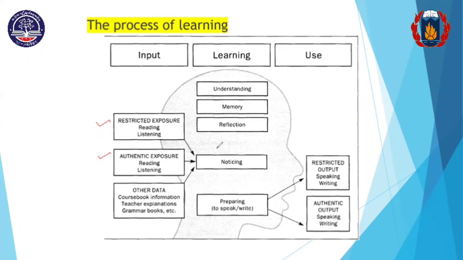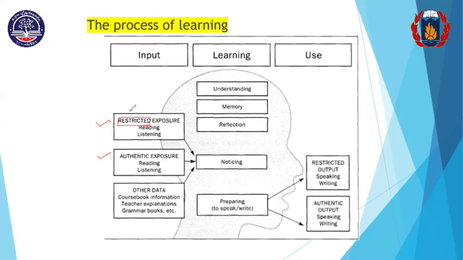Yes, according to the term, restricted means we already have the target language, and also we already have the plan or the reading text or the listening text. We already have it in the curriculum or syllabus. Authentic exposure means we give the students what they need to use in their real life situation.